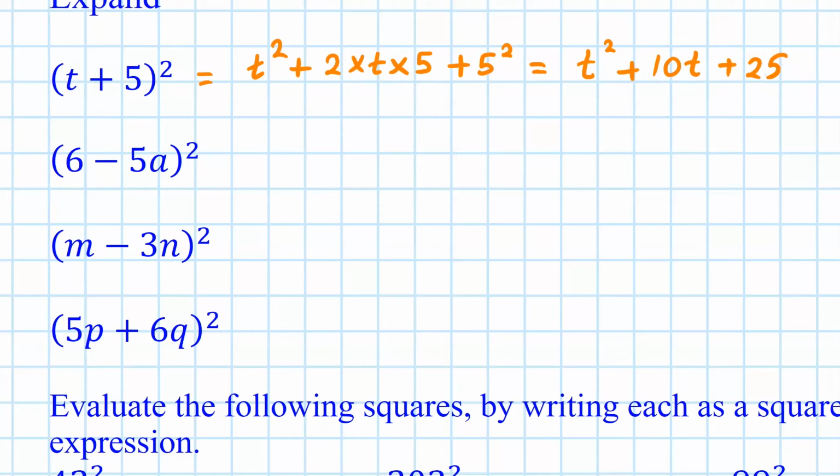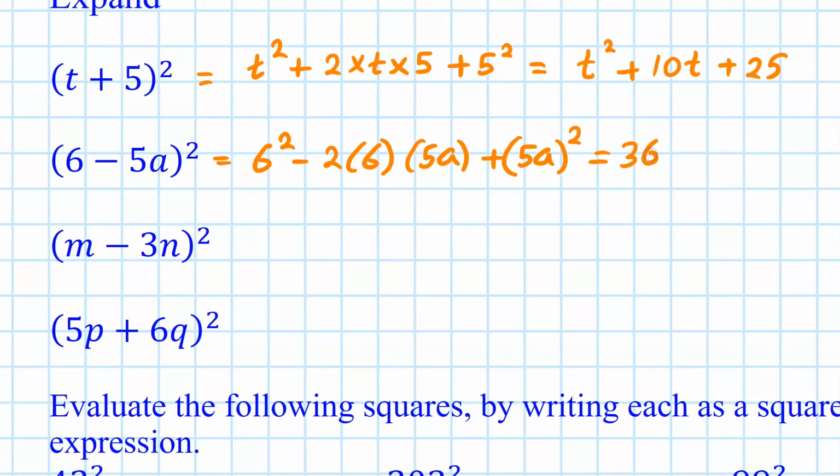Then we have 6 minus 5a squared. Therefore, 6 squared minus twice the product, plus 5a squared. Let's write it. 6 squared, 36, twice the product, 2 times 6, 12, times 5, 60. 60a. 5 squared is 25 and a squared. Therefore, we can write 25a squared.